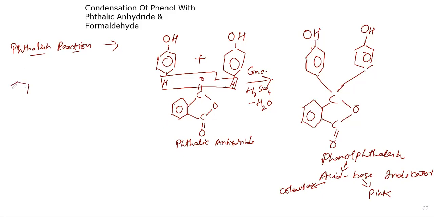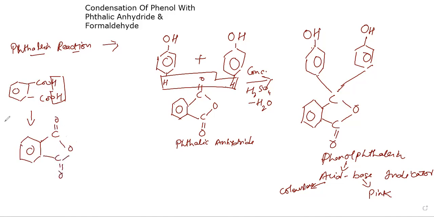Phthalic anhydride you get from phthalic acid. This is your phthalic acid. Phthalic acid will react to remove a water molecule and it will form phthalic anhydride like this. You have two oxygens here. One oxygen will come here, right? And this has a carbonyl group.